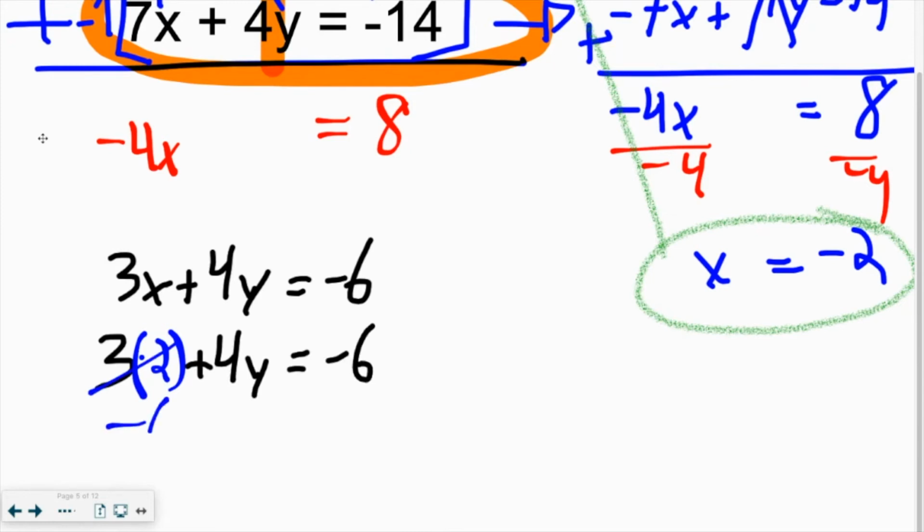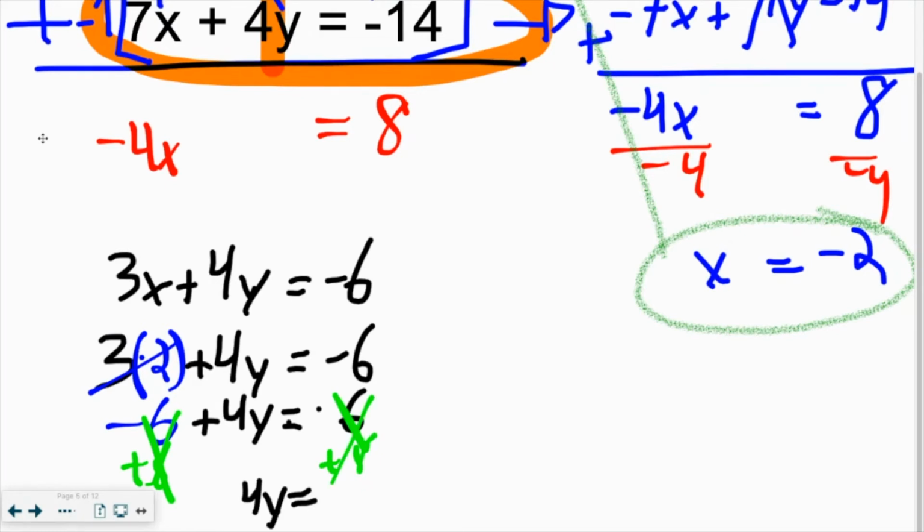So that, careful, is a negative 6 plus 4y equals negative 6. Solve by adding 6 to get rid of these guys. Oh, that's interesting. 4y equals 0. That's fine. Solve for y by dividing by 4.